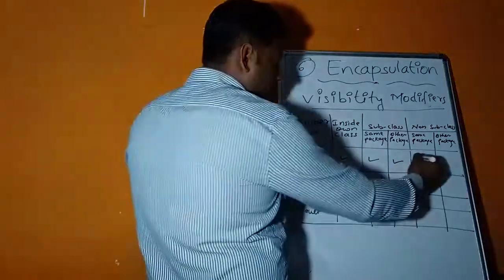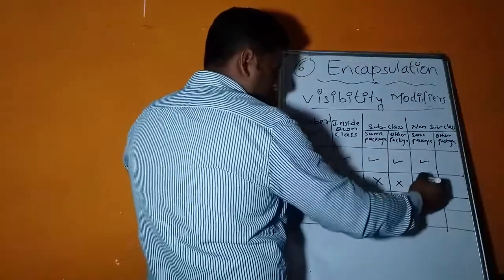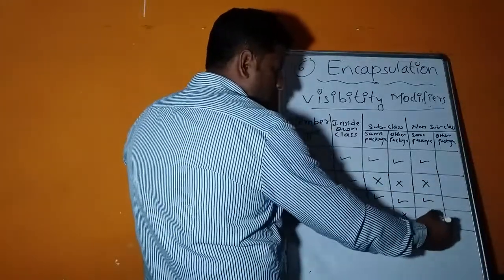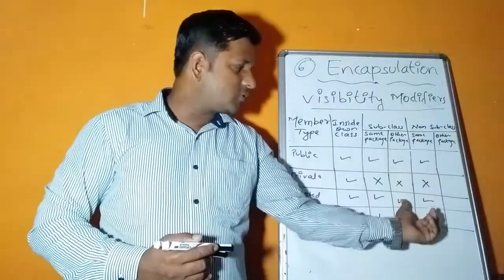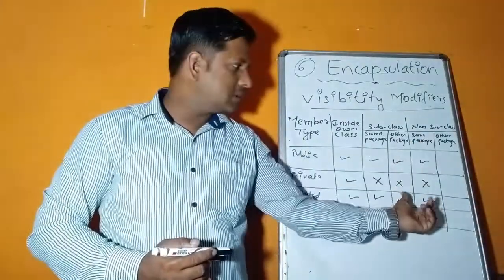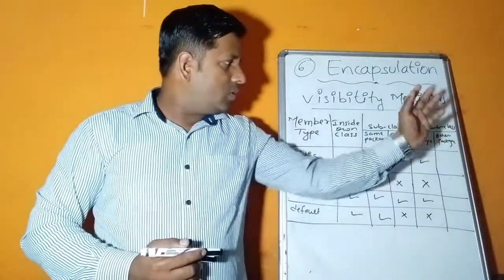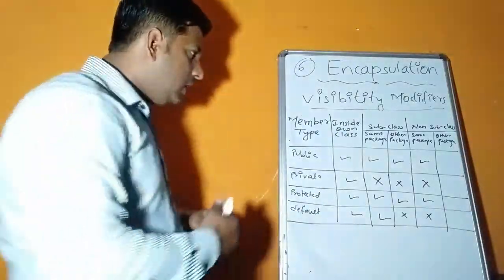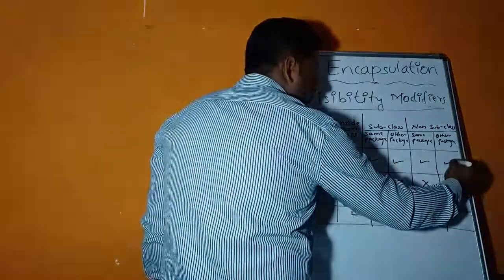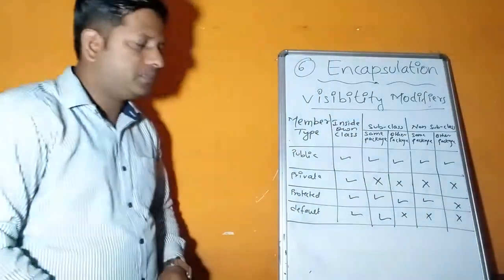So public accessible, protected accessible, private not accessible, default not accessible. Okay, same technique which was followed in subclass of other package. Same non-subclass, same package. Now non-subclass other package, only public will be accessible, rest all is non-accessible.